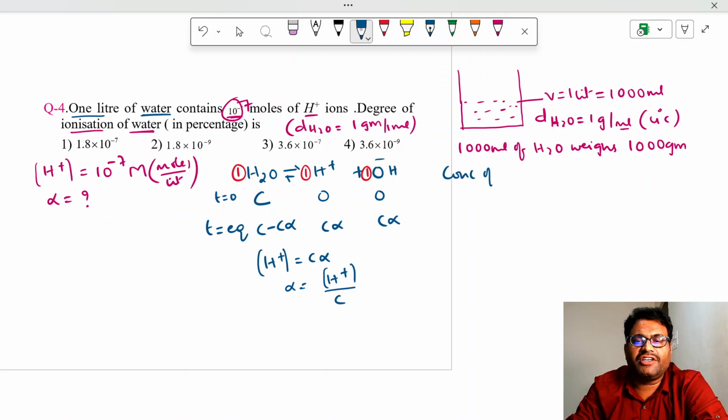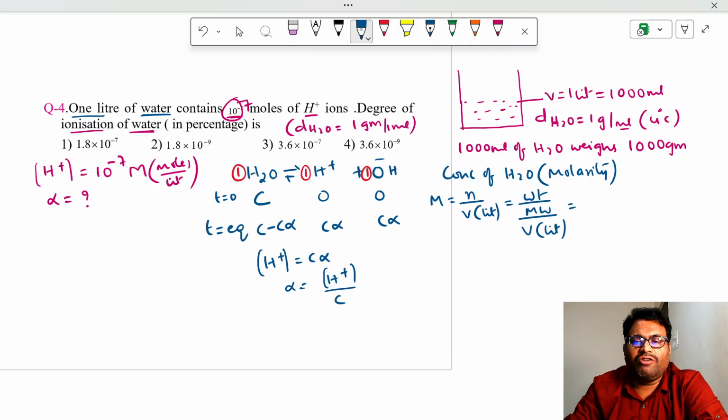See, the concentration of water we calculate in terms of molarity. And we know that molarity is equal to the number of moles by volume expressed in liters. That means let us take 1 liter of water: weight by molecular weight, by volume expressed in liters. So how much volume did we take? 1 liter volume.